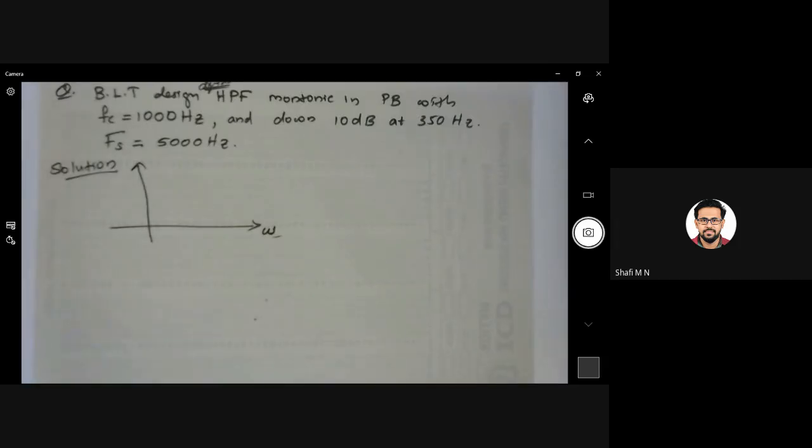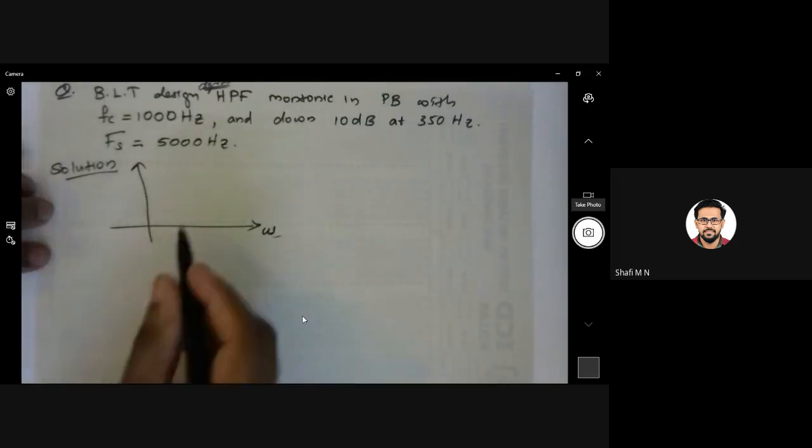Just try to draw the response first. Just draw the response. You are asked to design a high pass filter, right?